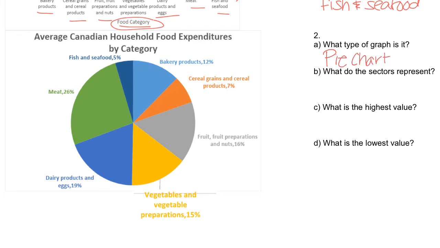And what do the sectors represent? Each one of these is the percentage expenditure by food category. So not the average amount, but the percentage. Let me fill that in: the percentage expenditure by food category.